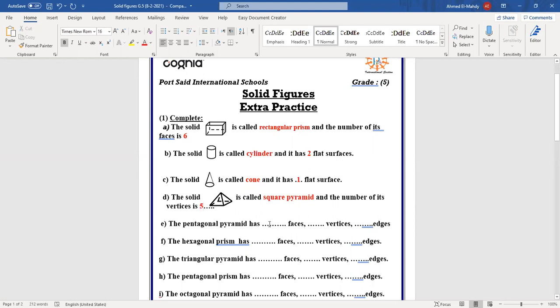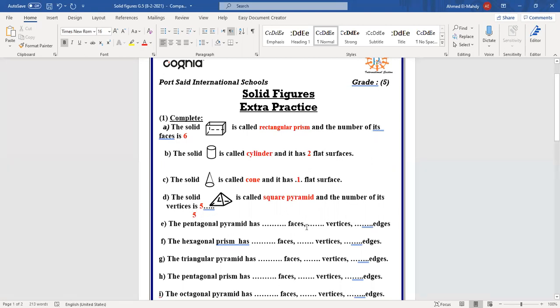Okay, thank you. The pentagonal pyramid has how many faces, how many vertices, and how many edges? Firstly, the base here is a pentagon. How many sides in the pentagon? 5.